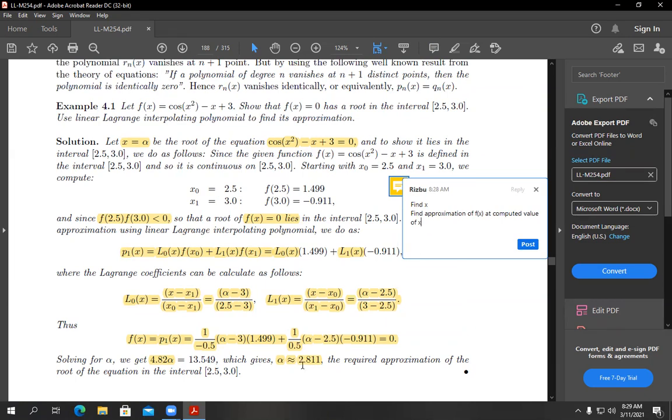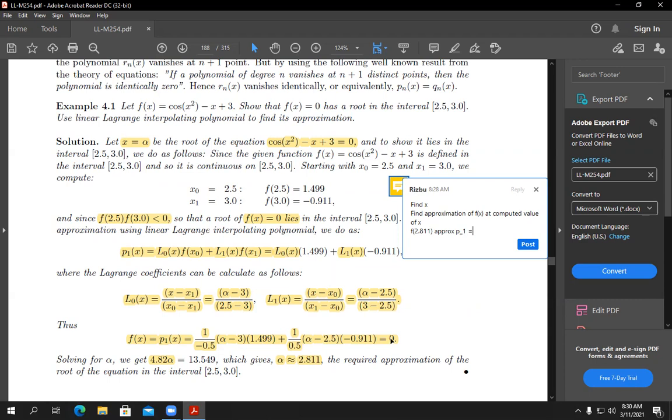In place of this, you can say now f of 2.811. Now you say this is approximate, not equal, please. This is approximation of P1, right? And then same thing: in place of alpha, put the value of 2.811, calculate, and that will give you the answer.